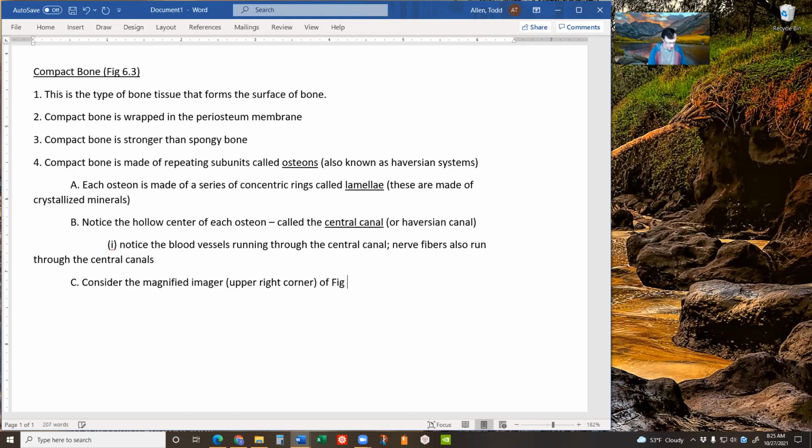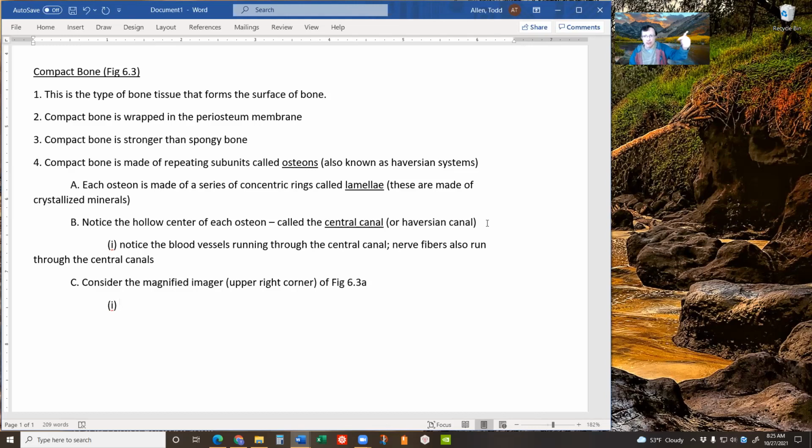of figure 6.3a. So what I'd like to point out here is, now we know what the lamellae are, right? We know what these concentric rings of minerals are called. These are the lamellae. And what I'd like to point out to you is that in between the borders of one ring and another ring, there's additional material here.